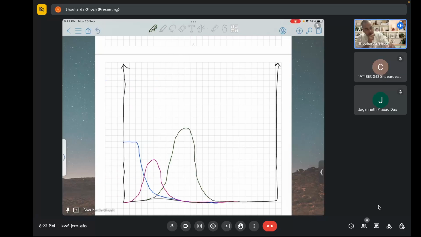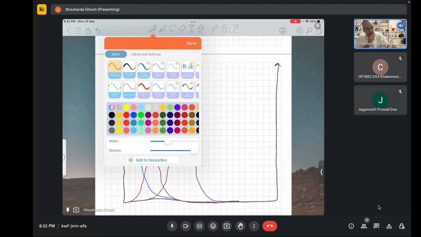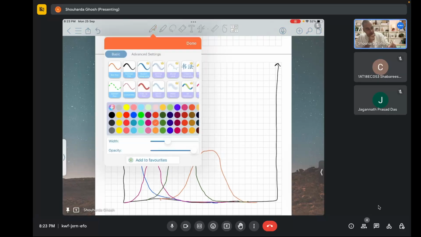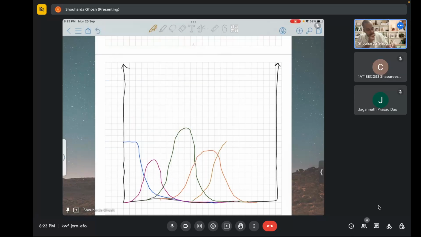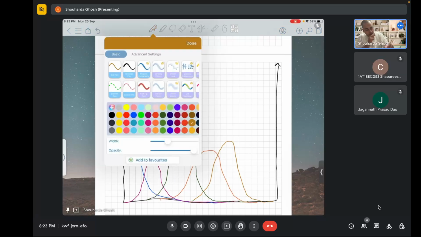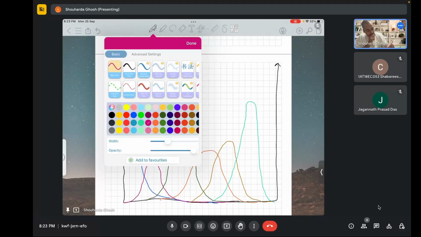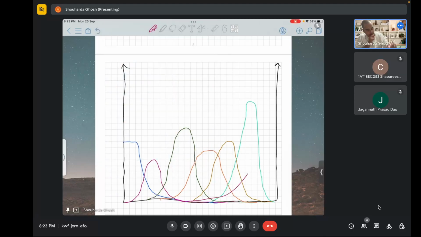These are tunable. Actually I am showing a certain configuration the user has set, so it may look like this. This is the first, second, third, fourth, fifth, sixth, and seventh.